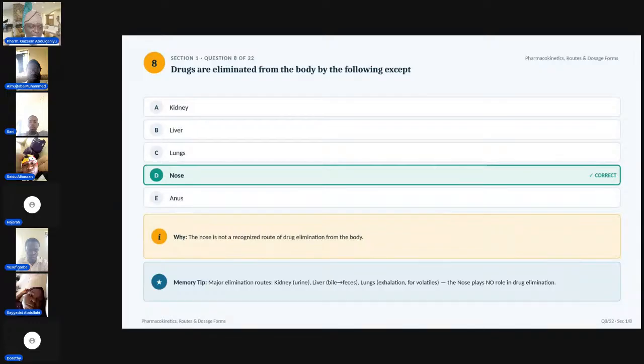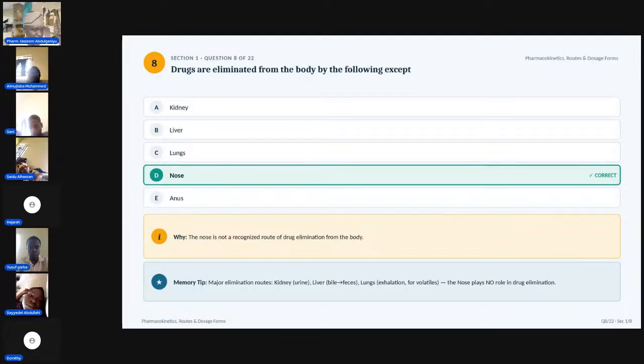I'll put bile here. I'll put the air that you breathe out here, and I'll put feces here. In this place, I will look for something else to put for you so that I can confuse you. So what I'm saying in essence is that drugs are eliminated, of course, by the kidney in the urine.